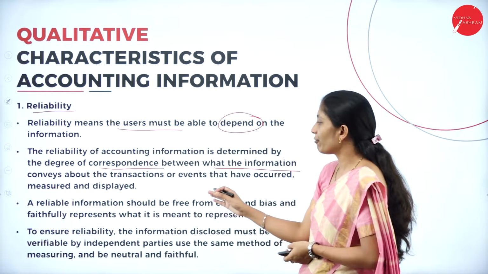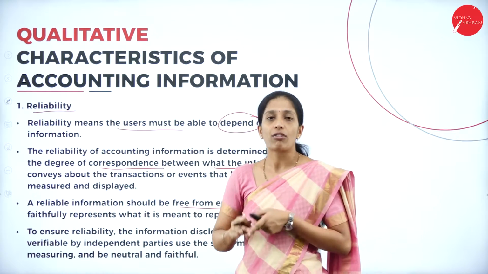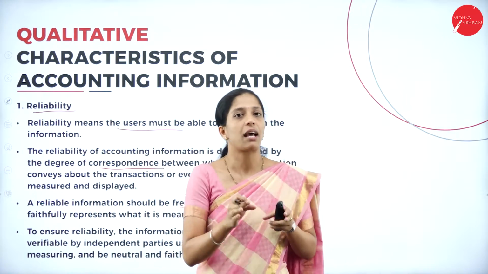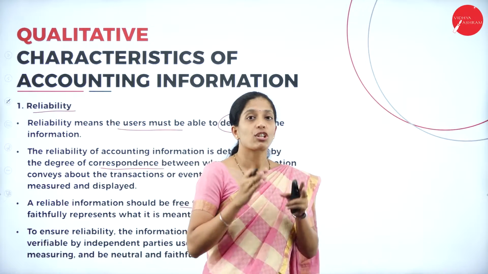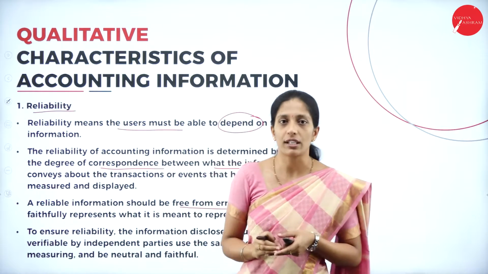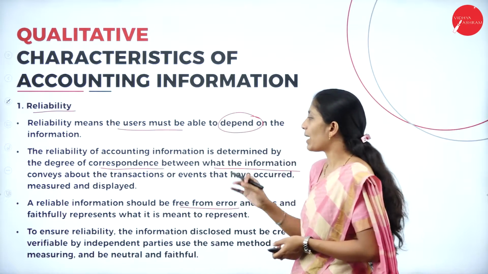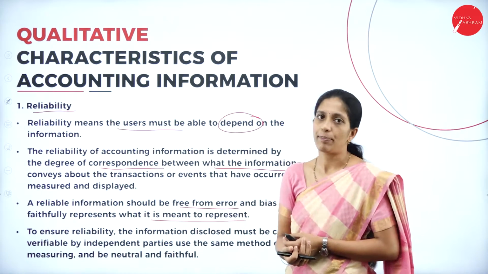A reliable information should be free from error. Of course, based on the accounting information, major decisions can be taken by the users, so the accounting information should be free from errors. In the sense, it should be accurate in nature, unbiased, and faithfully represent what it is meant to represent.